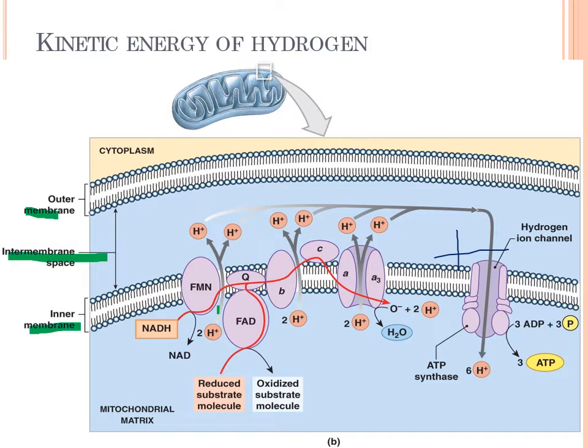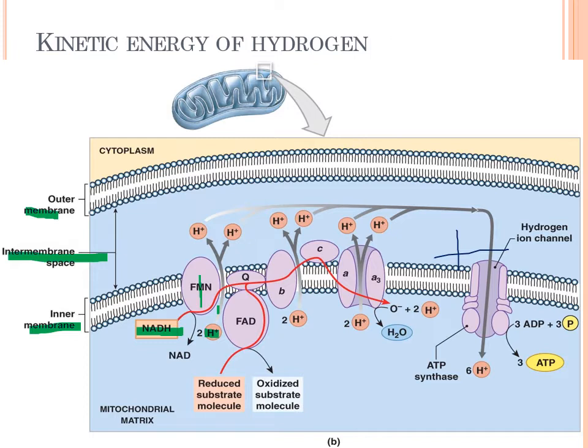The electron transport chain is made up of membrane proteins within the inner membrane of the mitochondria, and the purpose of them is to move electrons along from the first protein through to the end. The NADH was made in the citric acid cycle by the breakdown of pyruvate, and what it does is it gives its electron to this first protein here, and then it dumps its hydrogen ions into the matrix of the mitochondria.